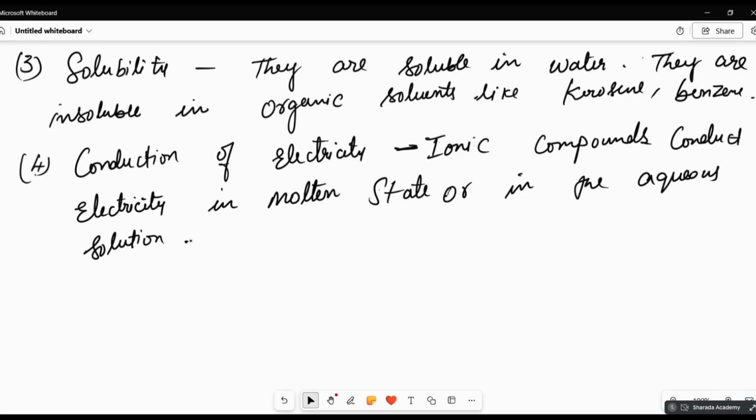When they move, they conduct electricity. In the molten state, they become ions, for example Na plus Cl minus. In an aqueous solution, when it dissolves in water, they also become ions. And whenever ions are there, they conduct electricity.